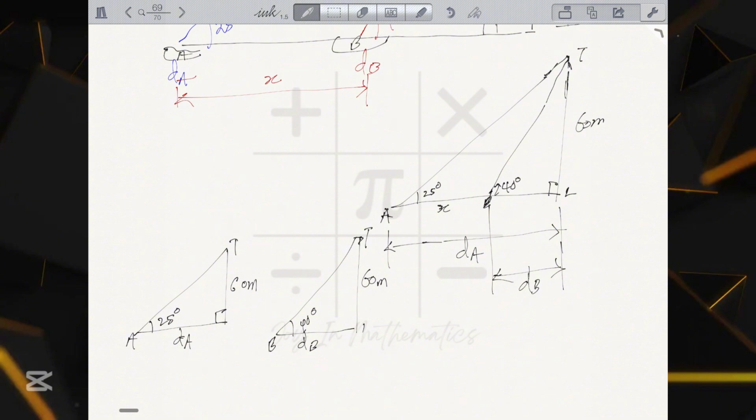So with this, we can calculate DA, and we can also calculate DB, and we understand that the distance between the two boats is X, and X in this case is equal to DA minus DB. So let's calculate DA and DB.